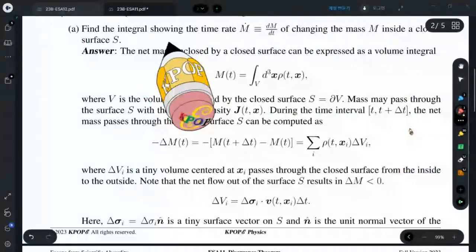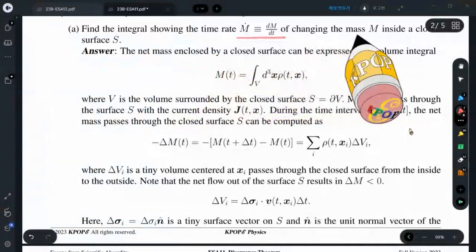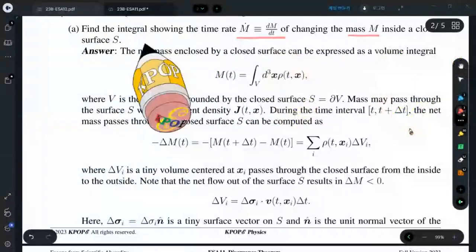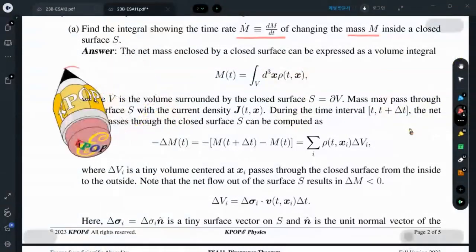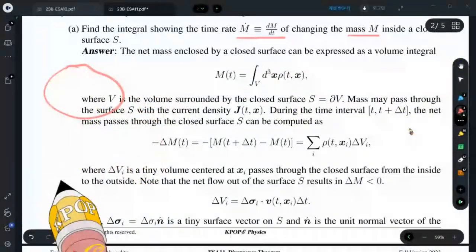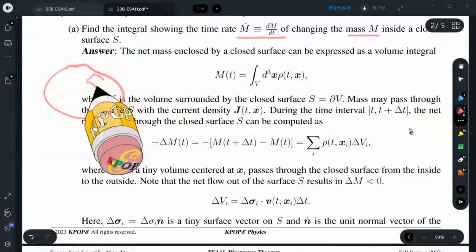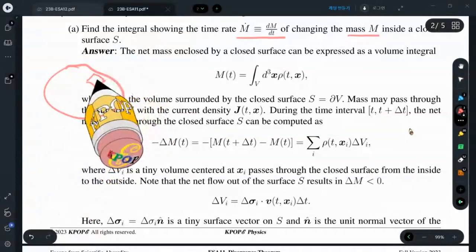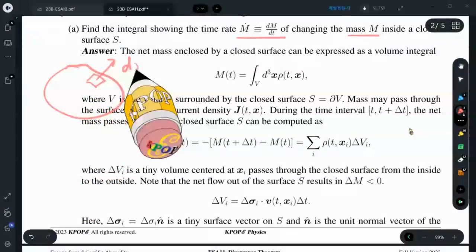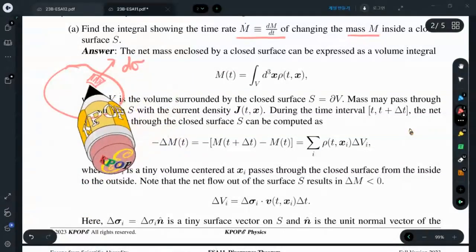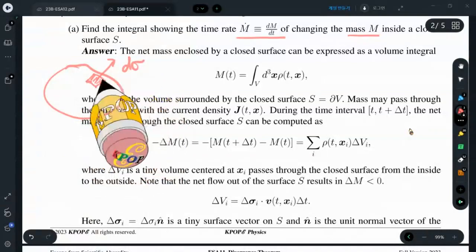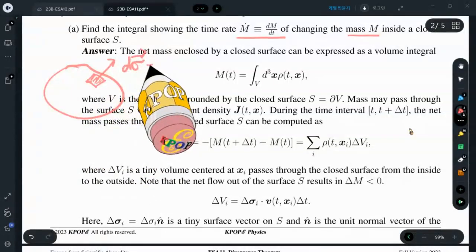Find the integral showing the time rate of change in the mass inside the closed surface S. There is a closed surface, and the closed surface can be divided into many pieces. So we have the sigma, that is the area of the tiny patch, and this sigma is a vector.